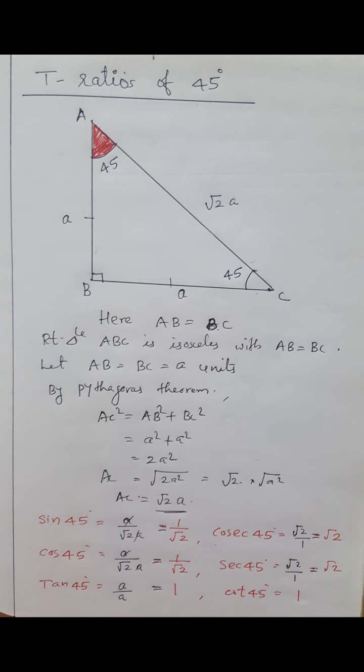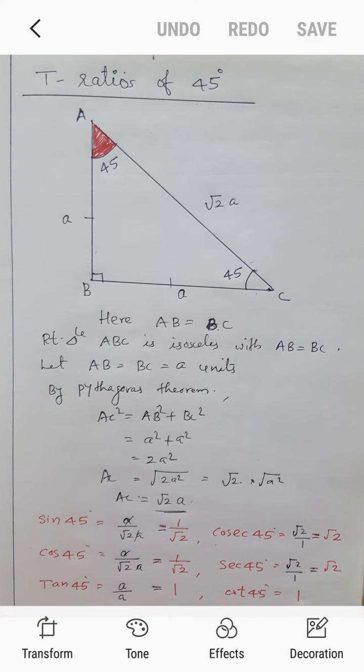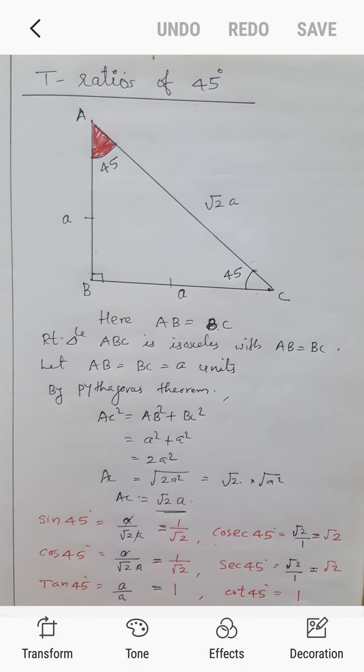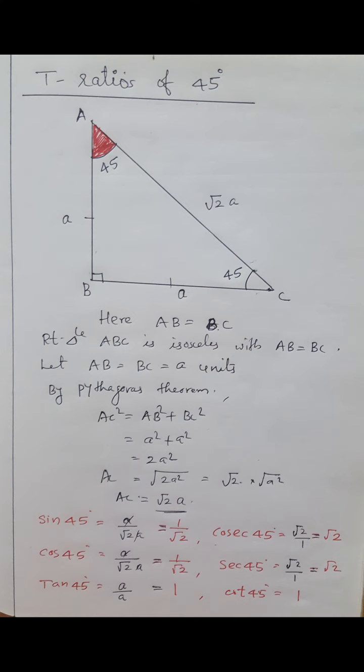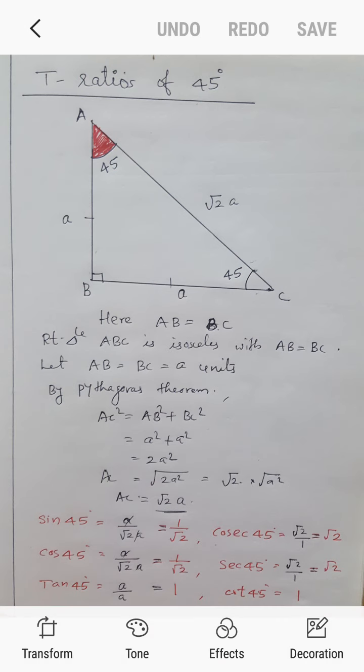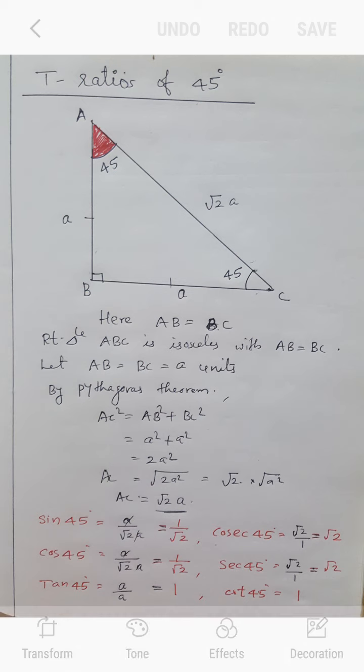And cos 45 degree, cos ratio of 45 degree means adjacent side of 45 degree divided by hypotenuse. That means A by root 2A, which is also equal to 1 by root 2. So sec 45 is equal to root 2 by 1, which is equal to root 2. So we got sine 45 equal to 1 by root 2, cosec 45 equal to root 2, cos 45 equal to 1 by root 2, sec 45 equal to root 2.